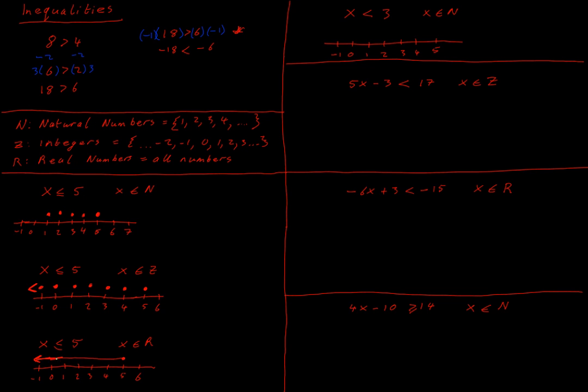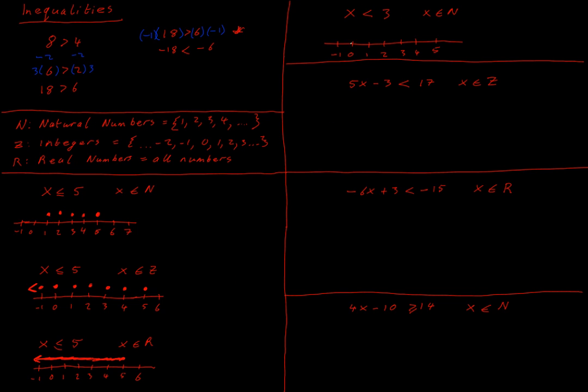So absolutely all of these numbers here are possible values for x, because x is a real number. It's any number. So all of the fractions, all of the awkward little numbers in between here are all covered. So that's why we have a solid line going back that way and an arrow. And again, the arrow points in the same direction as our less than sign.